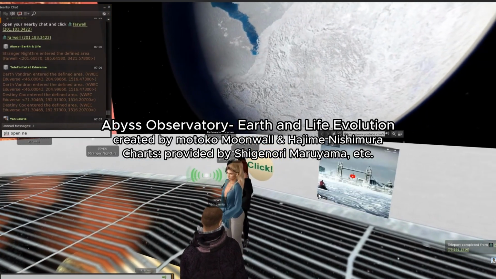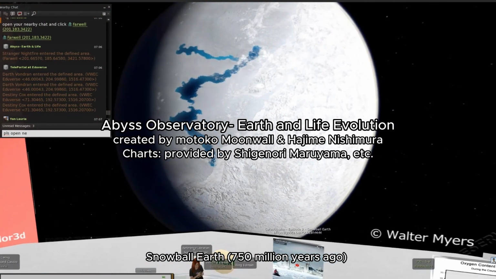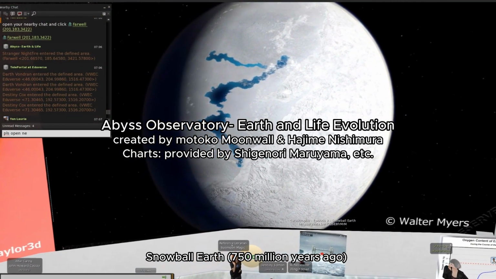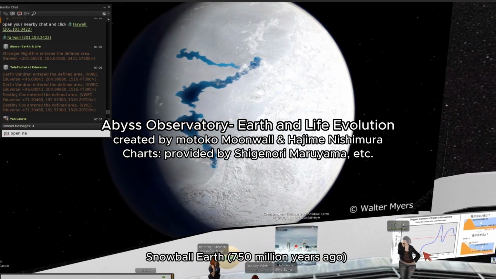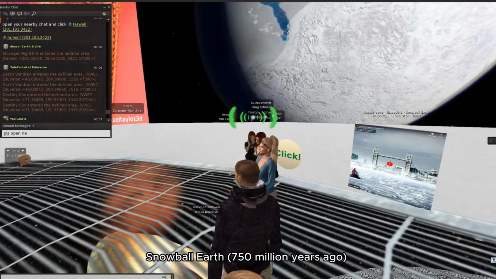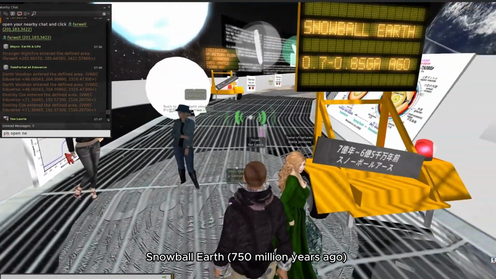Here is Snowball Earth. I don't talk today about why Snowball Earth started, but why Snowball Earth ended is shown in this illustration.